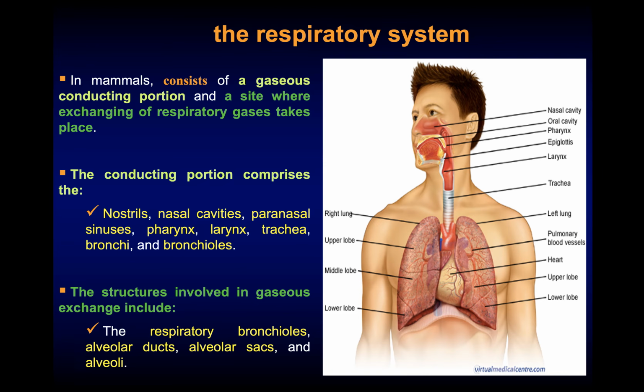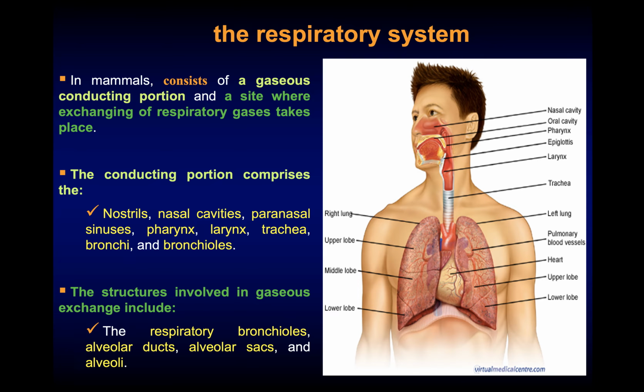As I said, the conducting portion starts from the area of the nose, the external nares, then we have the nasal cavity, then the pharynx, then the larynx and the trachea, then it divides into two main bronchi, and these bronchi further divide inside the lung until we reach the level of the terminal bronchioles.